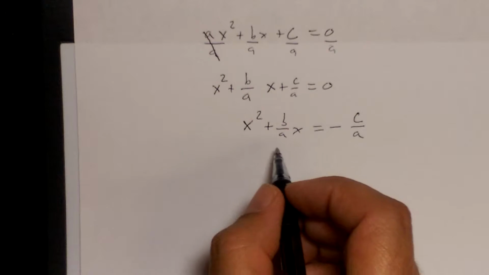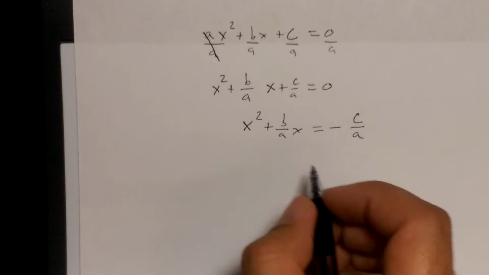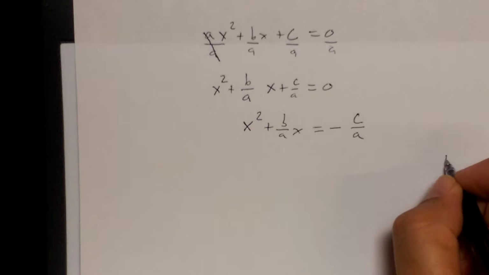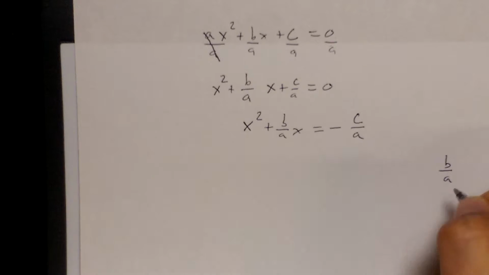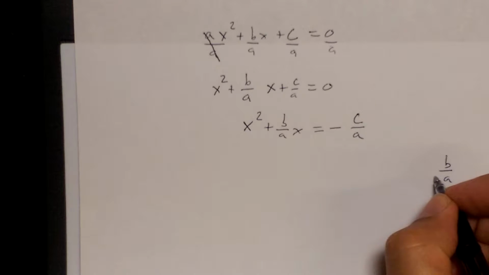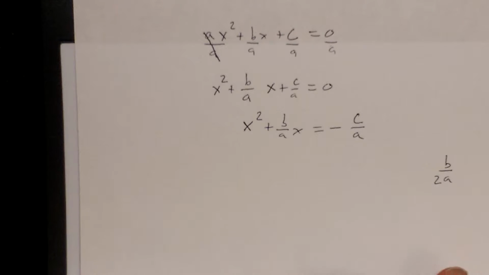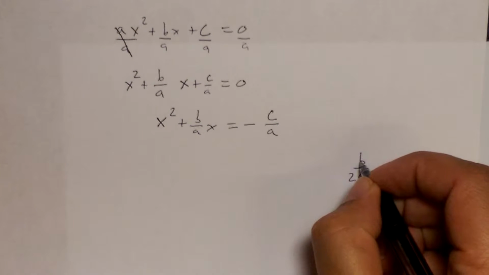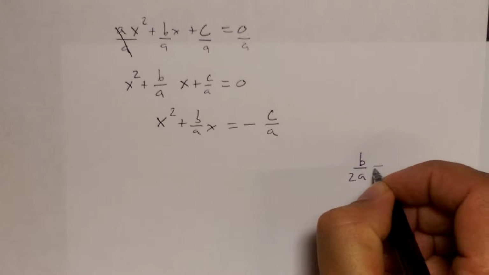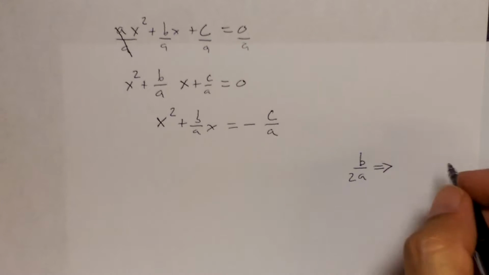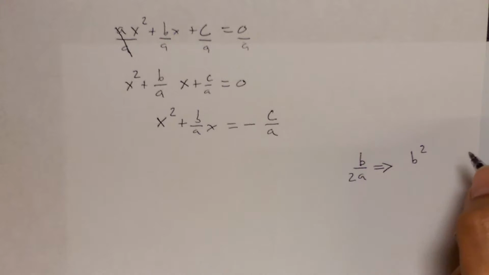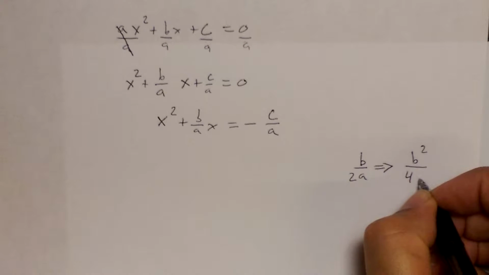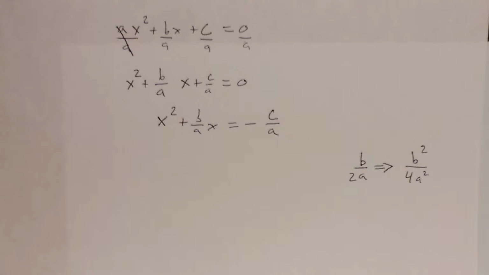Well, as we did before for completing the square, we take our b term, which is now b divided by a, we divide it by 2, and then we're going to square it, which in fractions means we're going to square the top, so it becomes b squared, and our bottom becomes 4a squared.